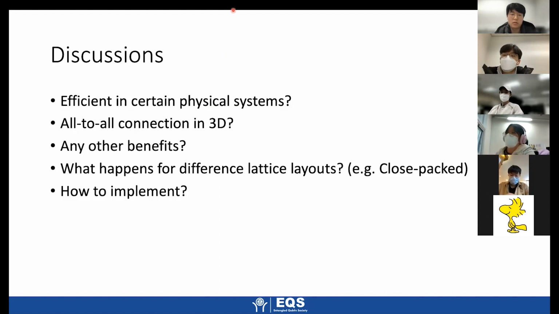Do you think a 3D connection is possible in this one-way computing? Because if you consider a 3D lattice, we can make a 2-qubit gate wire over the information flow wire. So do you think it would be very easy to make that kind of 3D connection? And how about other benefits compared to other quantum computing systems?